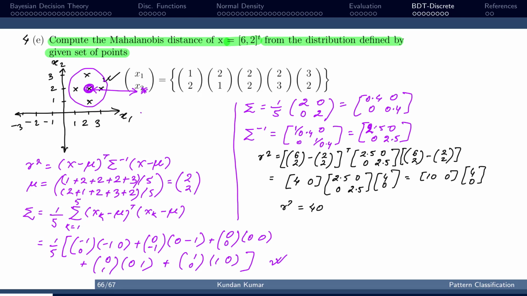So this is R square equal to 40. This is the Mahalanobis square distance. So what will be the Mahalanobis distance? R equal to root 40. So this is our final answer for this question.